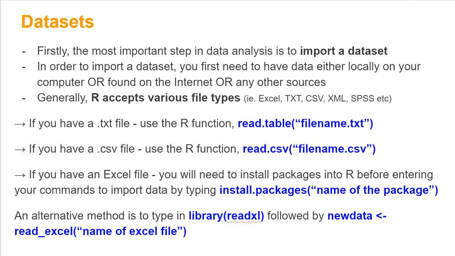However, if you have an Excel file, you will need to install packages into R before entering your commands to import data by typing install.packages and the name of the desired package in quotations and parentheses. You can also go for the alternative method where you type library(readxl), followed by importing the Excel file and assigning it to a new variable by using the R function read_excel.